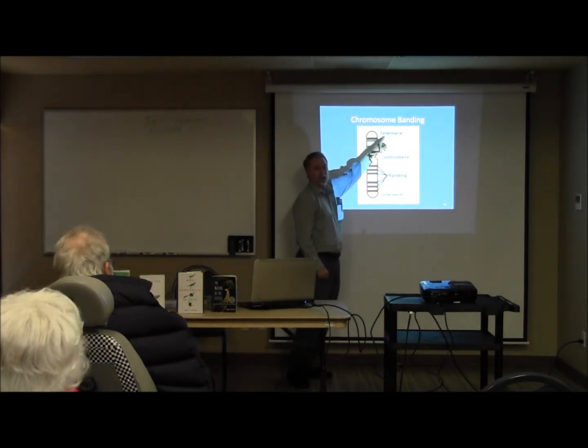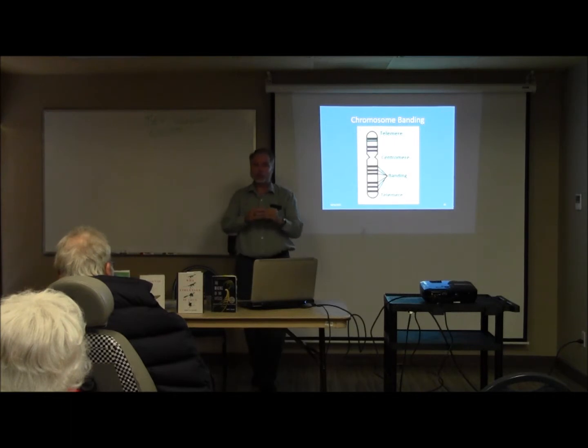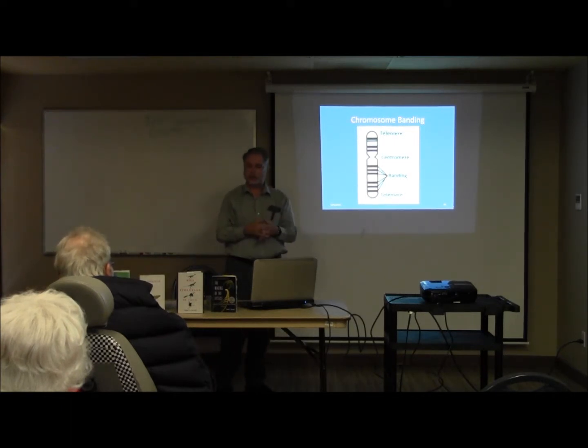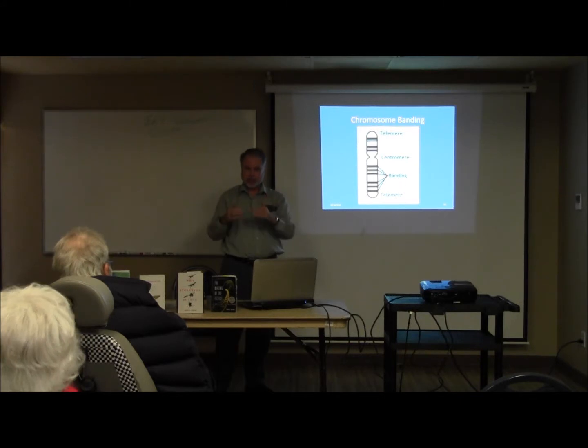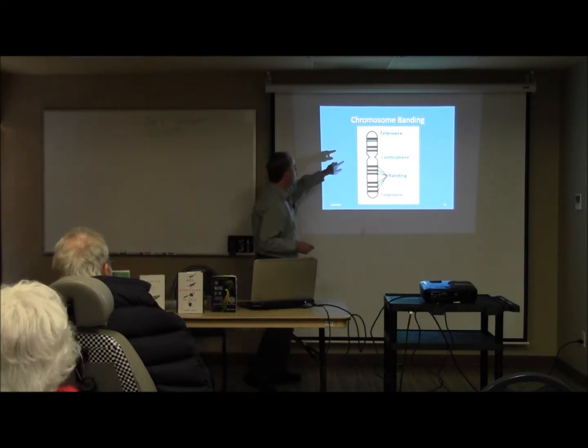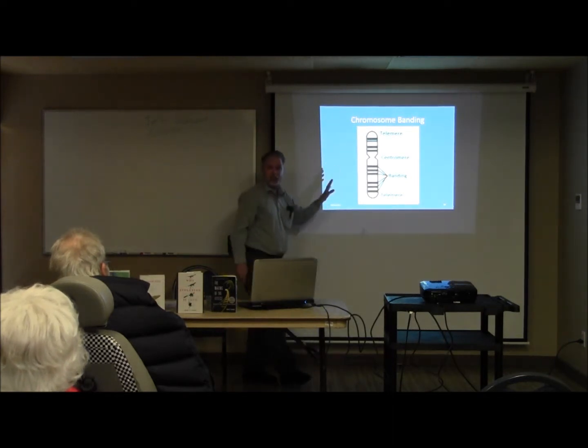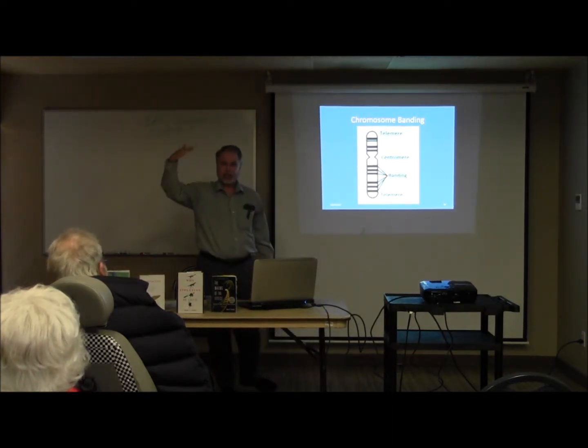At the end are the telomeres. The telomeres are a repeated length of a series of nucleotides in the DNA. And as you get older and as the cell divides, it doesn't duplicate as well to the very end. So each time a cell divides, the telomeres get clipped off.